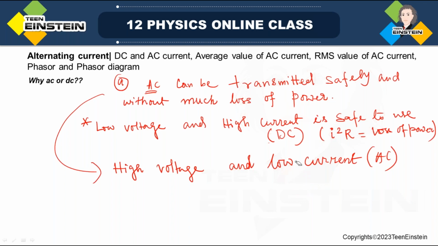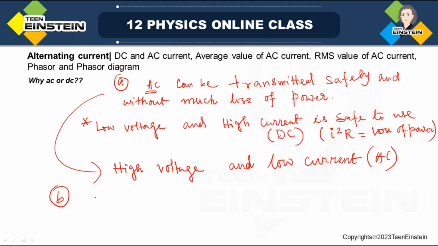In another way, in case of DC, we cannot change the voltage or current. The magnitude of the current and voltage cannot be changed.